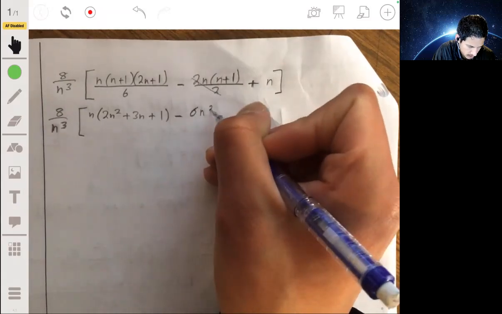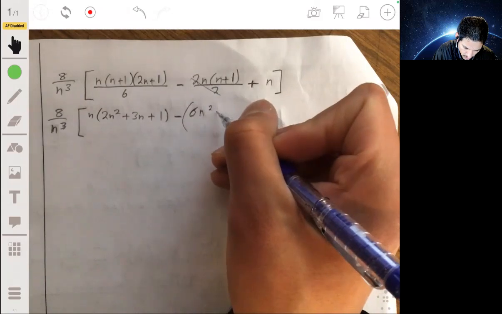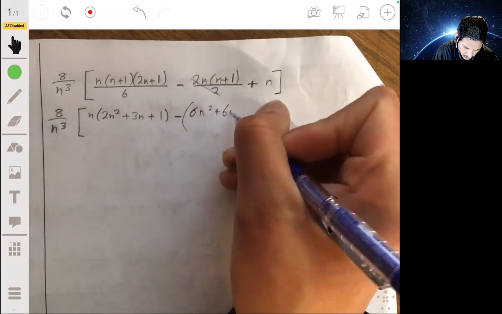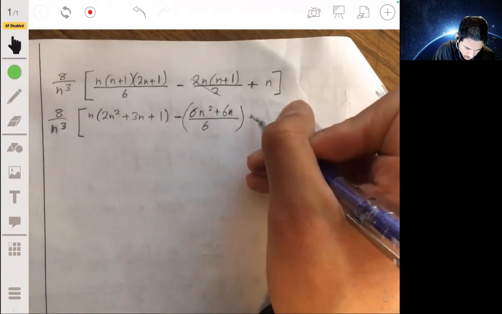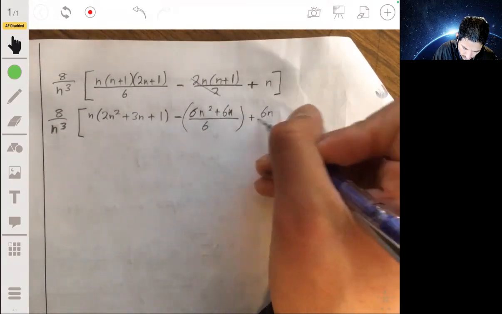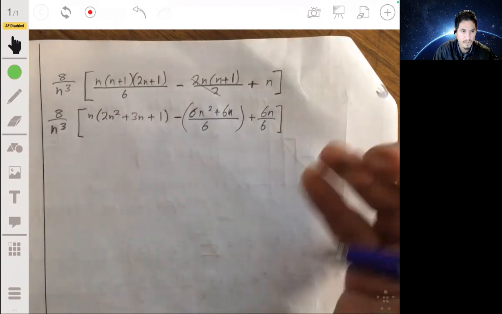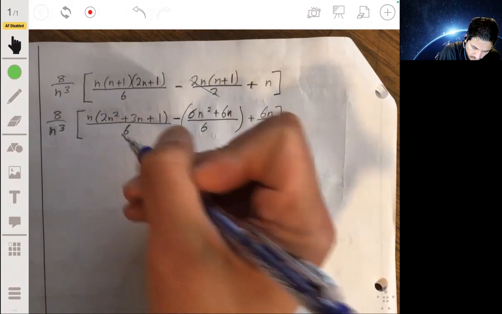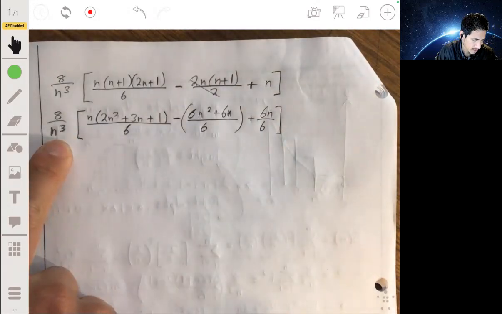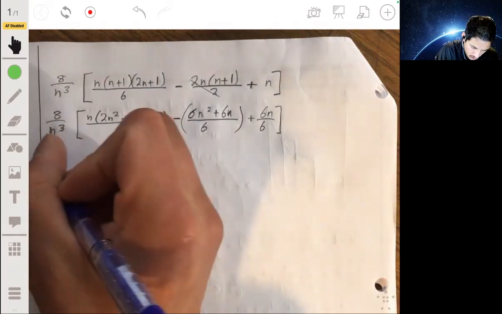So 6n squared plus 6n over 6, plus 6n over 6, just so I can combine all the terms together. Oh, whoops, and this is all over 6. And multiply everything by 8 over n cubed here as well.